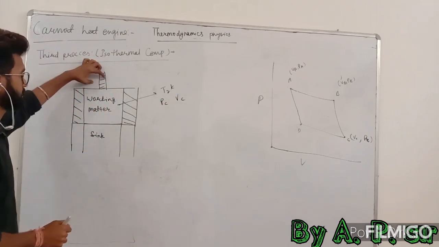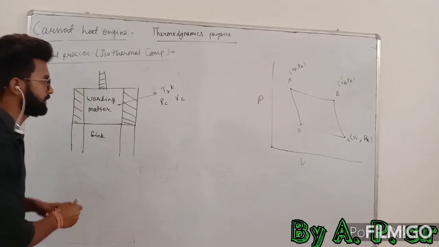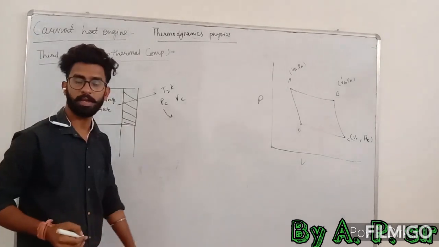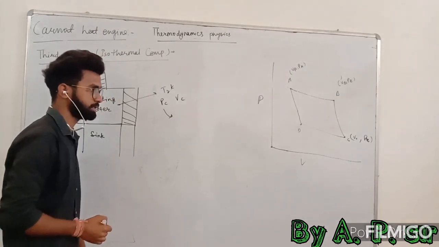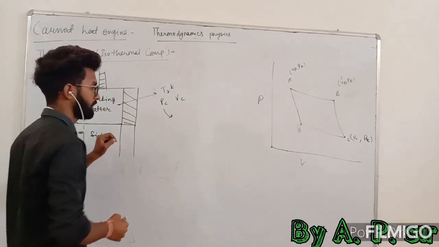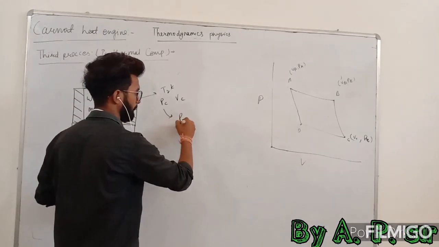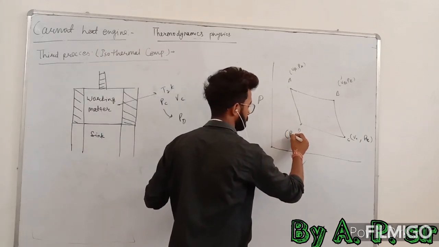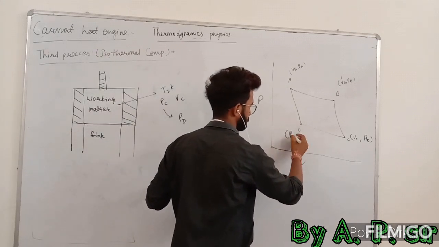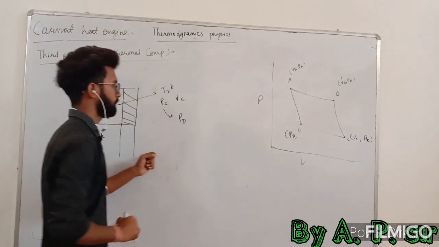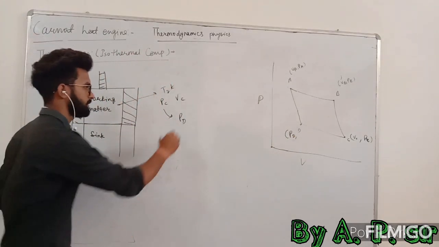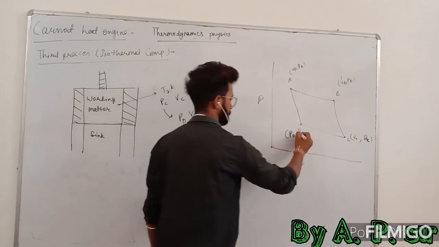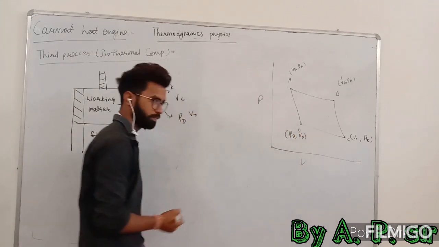If we push the piston, then pressure will increase to PD and volume decreases to VD.